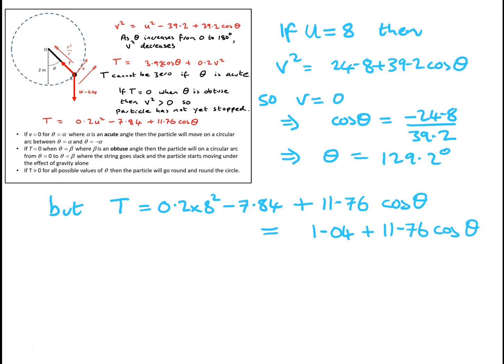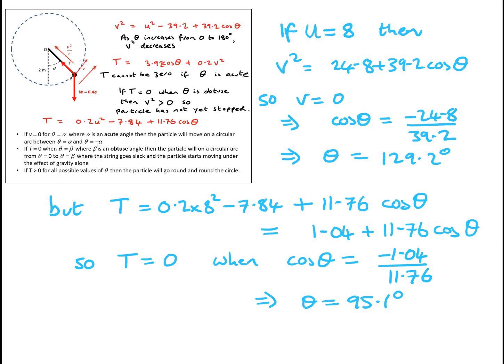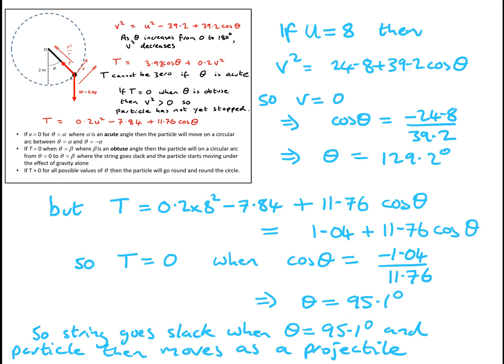And from this we can see that t equals 0 when cos theta is minus 1.04 divided by 11.76, in other words, when theta is 95.1 degrees. So in this case, the particle will go round the circular path until theta equals 95.1 degrees, at which point the string goes slack and the particle will start moving as a projectile.